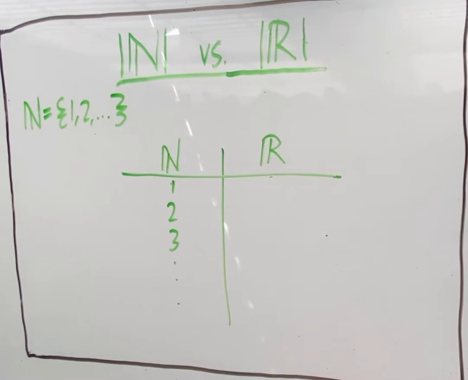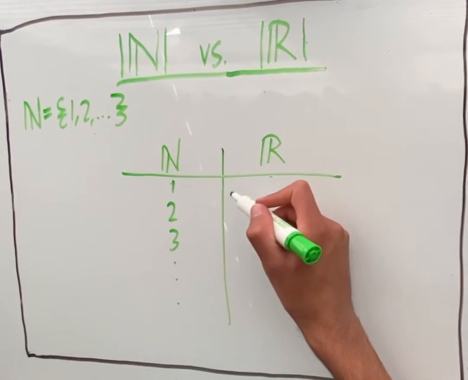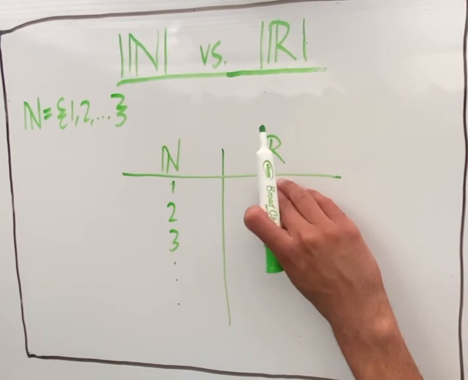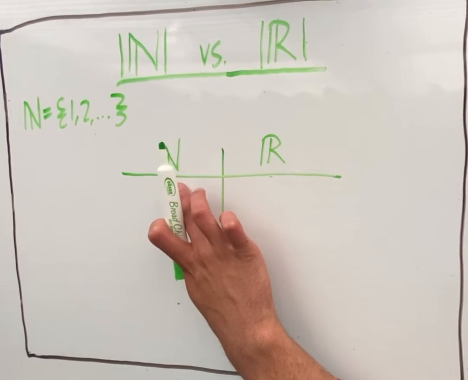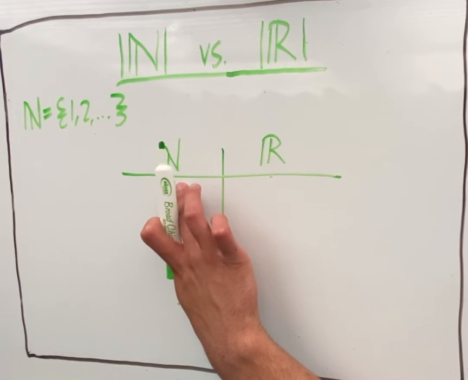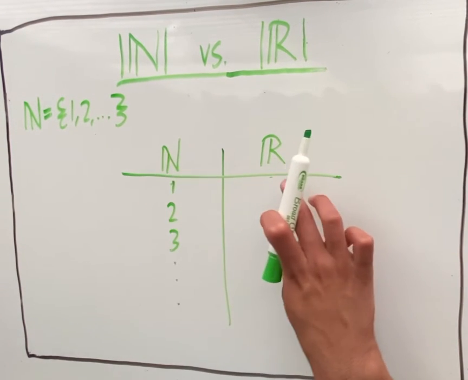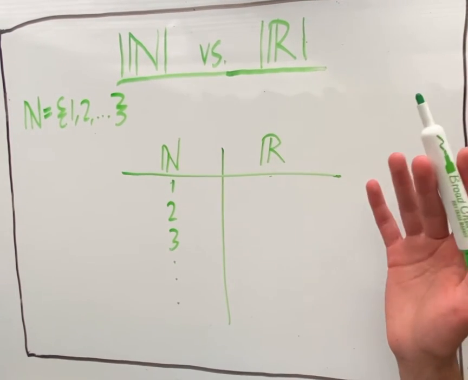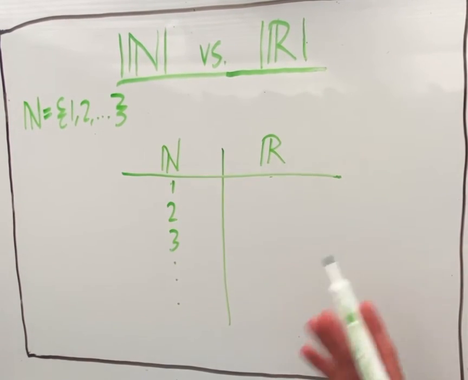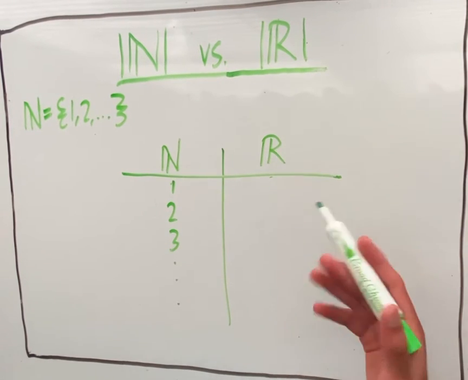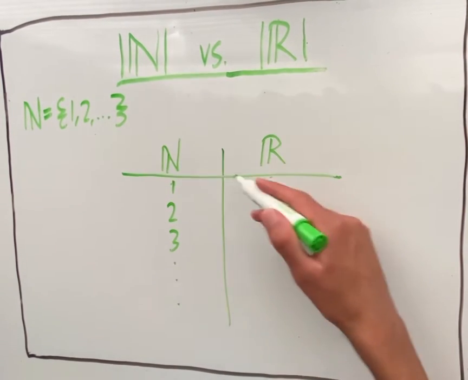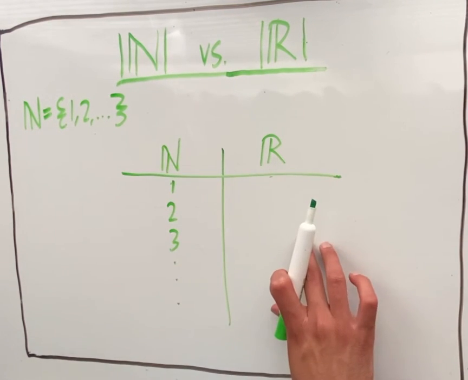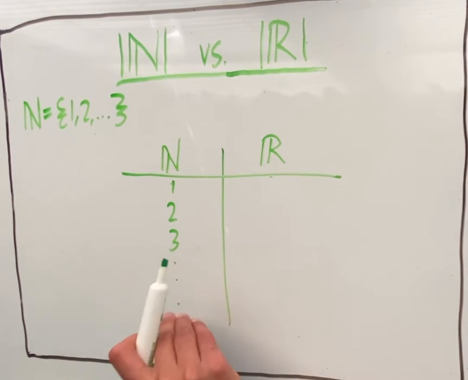Essentially, we are trying to find a way to arrange the reals such that every one will be in this table somewhere, and the corresponding natural will be what the function takes as an input to then get this real number as an output. So now we're just going to suppose that there is some way to do this, some way to arrange the reals so that eventually you get to all of them in this table, and that way every real will have an associated natural somewhere on this table.